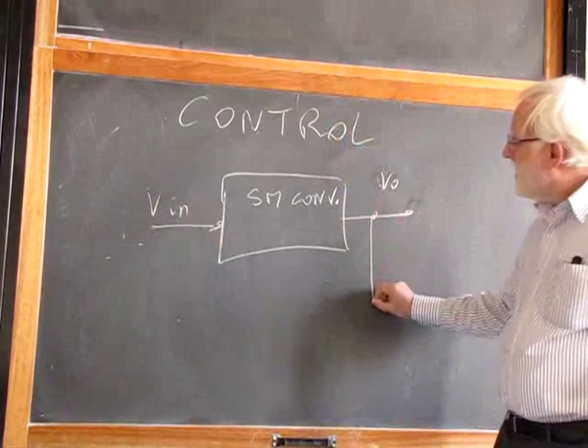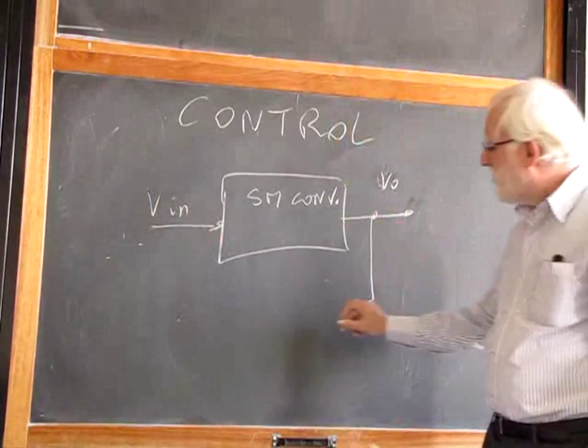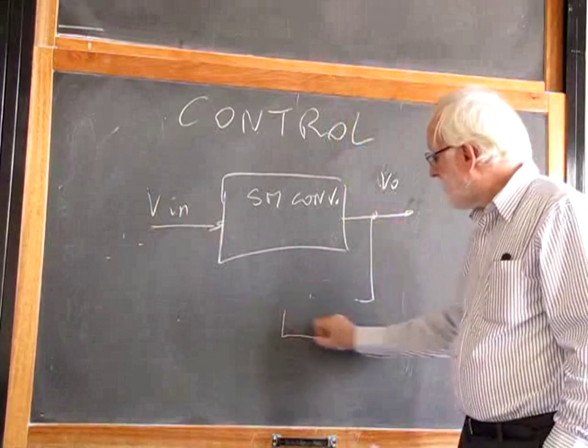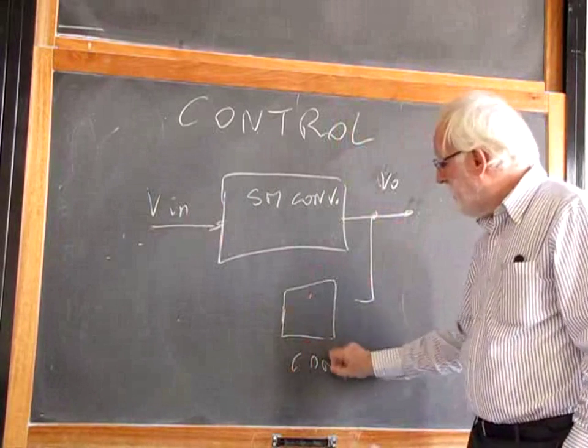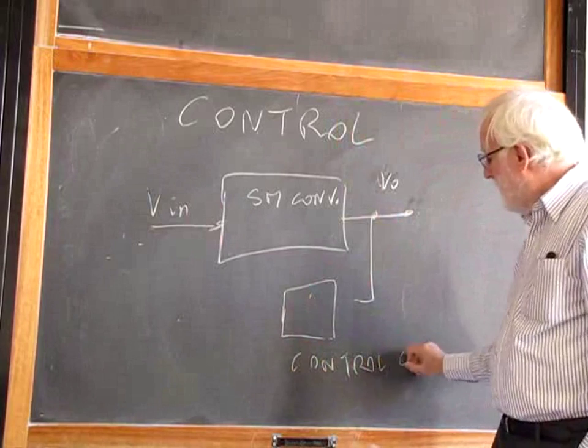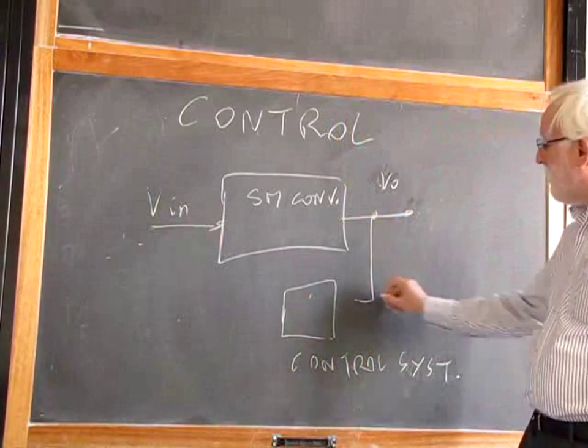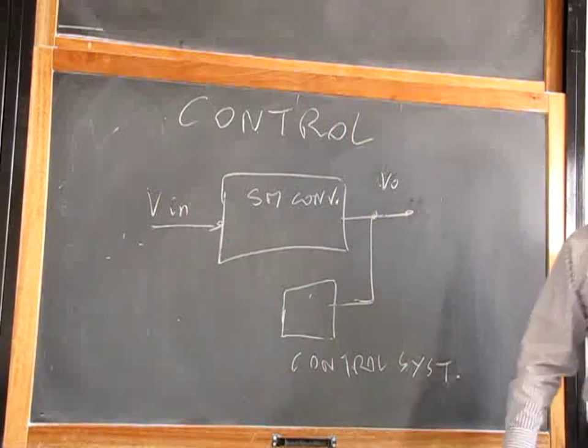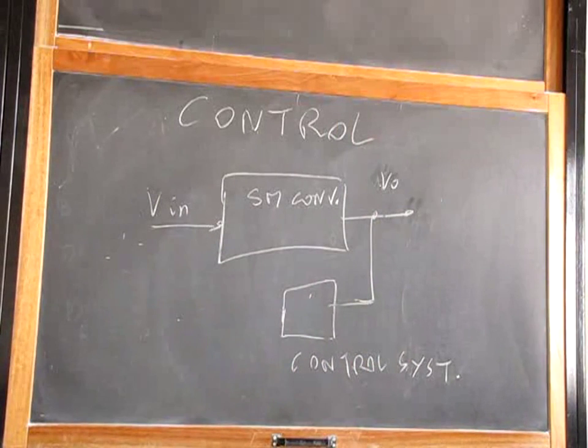I need a control system that at least measures the output voltage, compares the output voltage with the reference, and if the output voltage is not the right value that I want, what should the controller make?